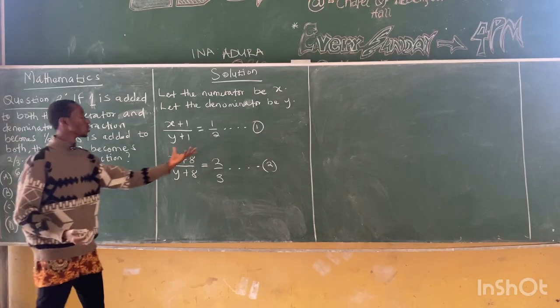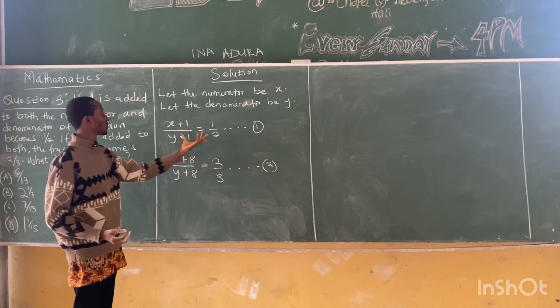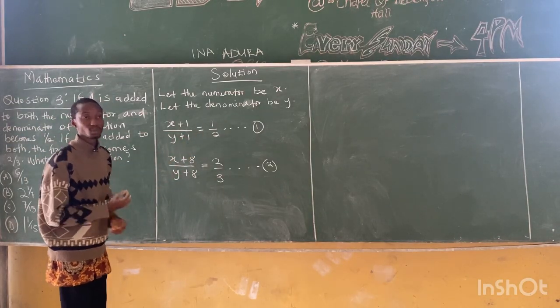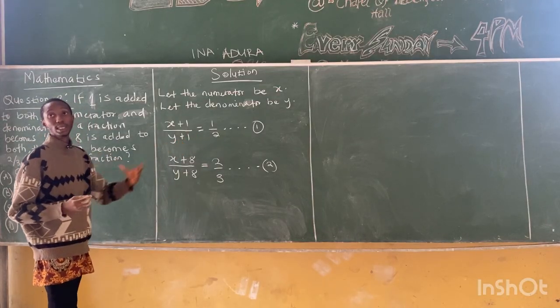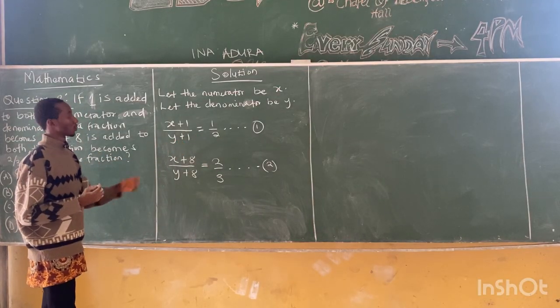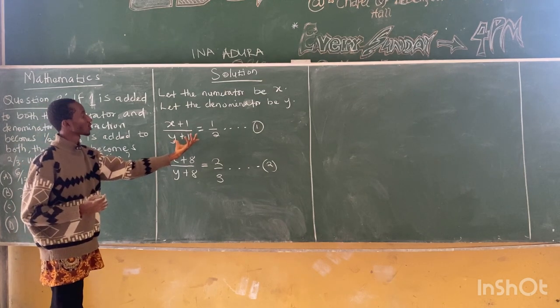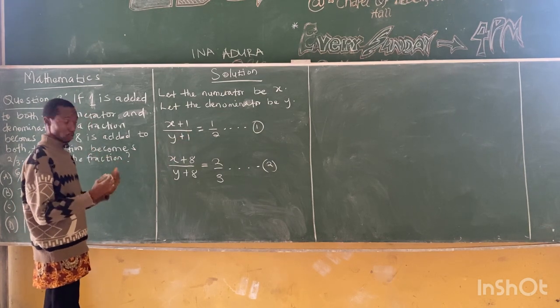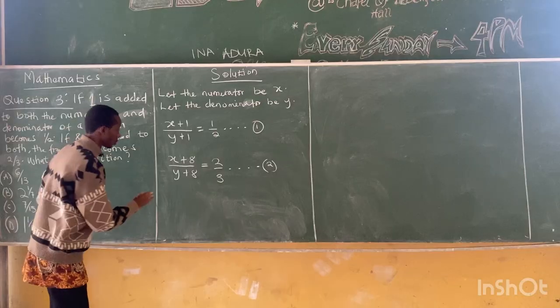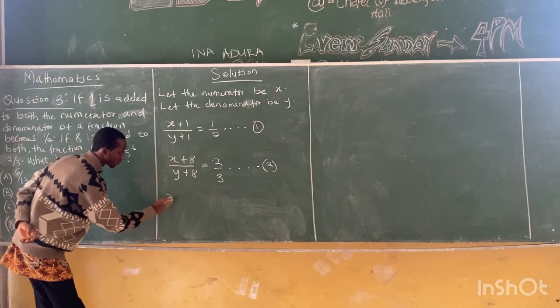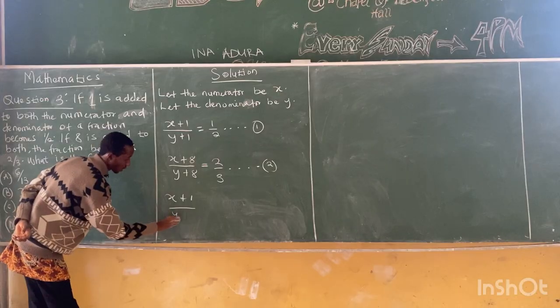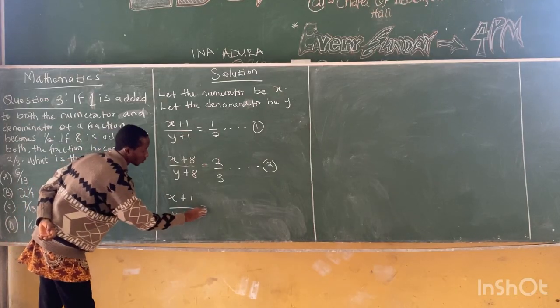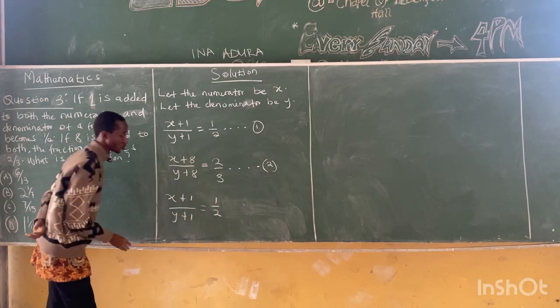Now what do we do at this point? For equation 1, we need to cross multiply to transform this from a fractional equation to a linear equation. We have x plus 1 divided by y plus 1 equal 1/2.